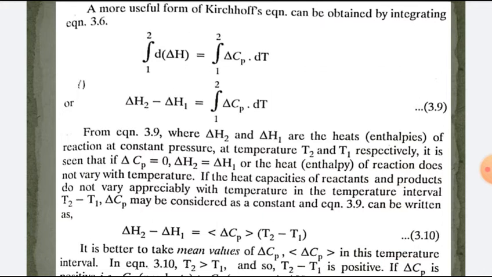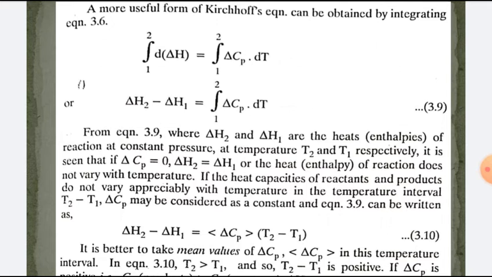So we get equation number 3.9, where del H2 and del H1 are the enthalpies of reaction at constant pressure at temperatures T2 and T1 respectively. It is seen that if delta Cp equals 0, then del H2 will be equal to del H1, or the heat of reaction does not vary with temperature.